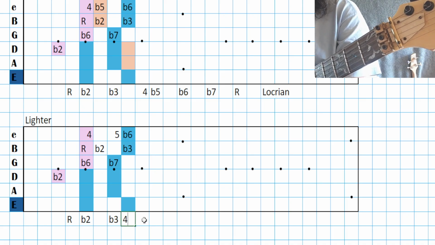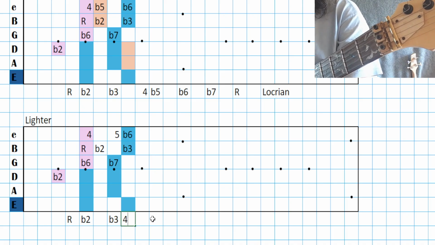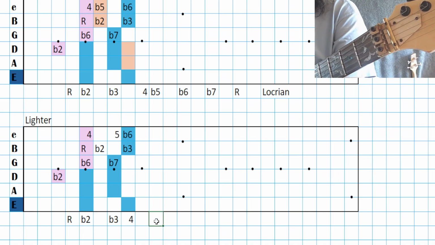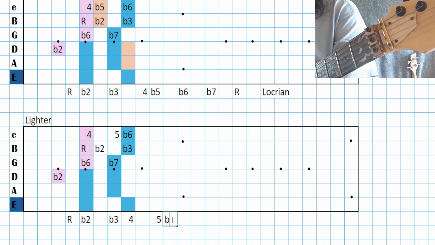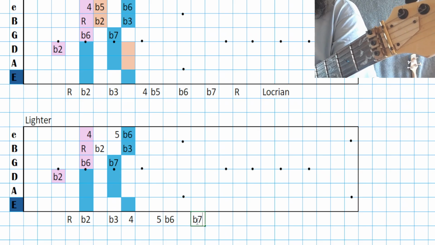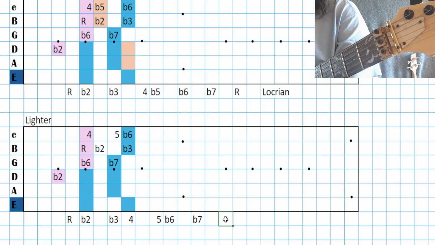That's looking like it could very well be. Something's messed up there, but we're going to roll with it for now. Flat 6, flatted 7, roots.